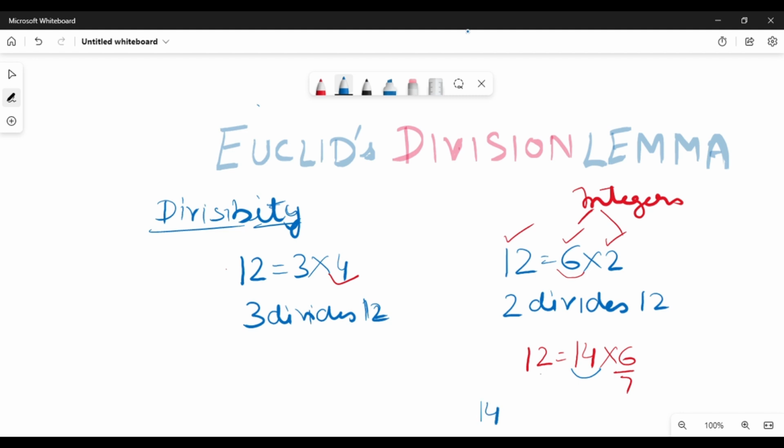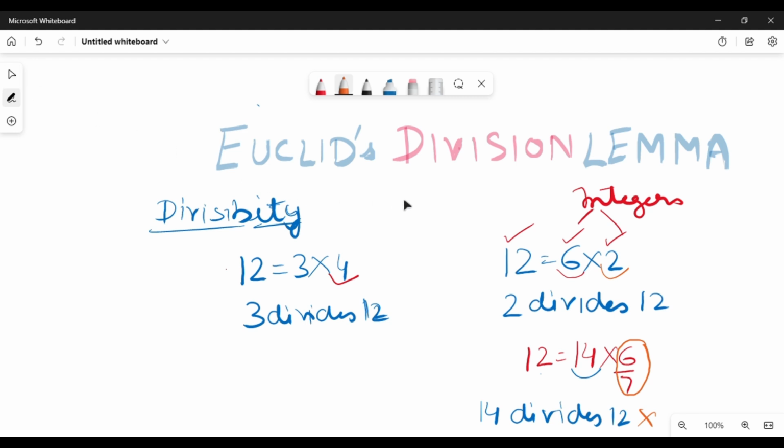If I say 14 divides 12, or that 12 is divisible by 14, then I am wrong. Why am I wrong? Because there does not exist any integer such that 12 can be written as 14 into that integer. Whereas 2 divides 12 because there exists an integer such that 12 is equal to 6 into 2.